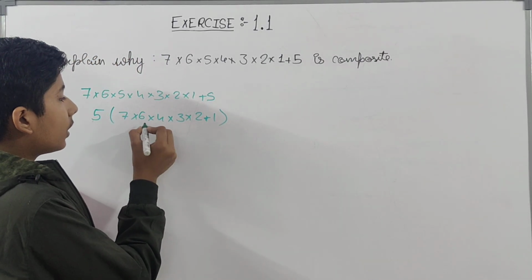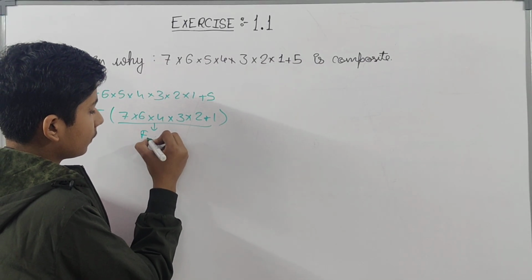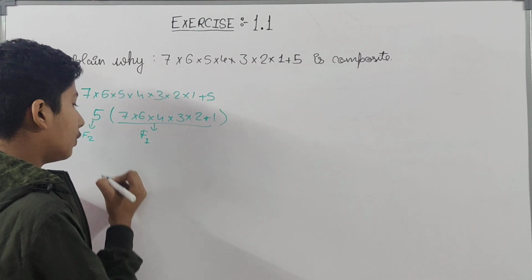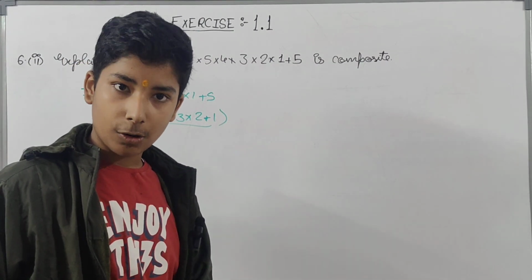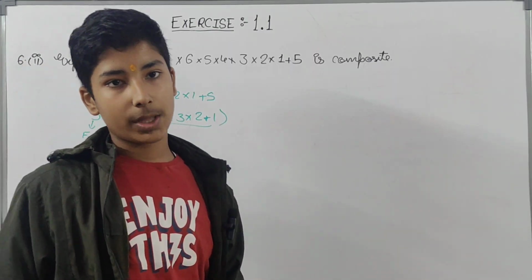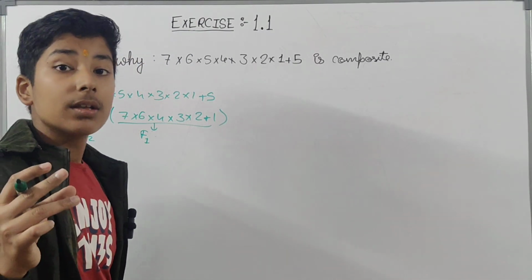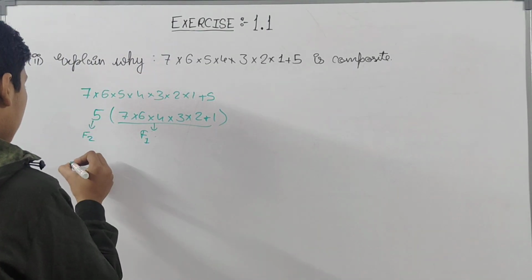Now, this is factor 1. This is factor 2. The number will also have itself as a factor, and 1 also as a factor. So basically it has 1, 2, and itself means 3, and 1 means 4.